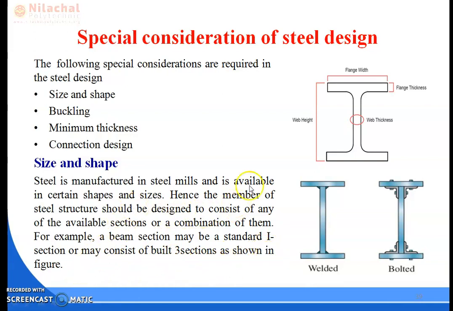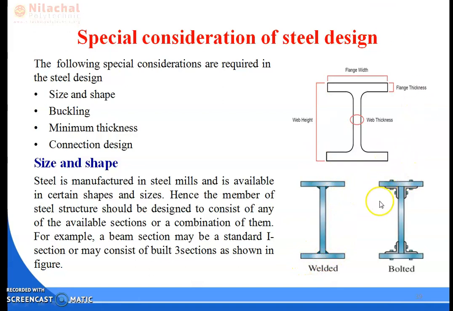As I told before, here is a whole I section. Now just see this I section. This is not a proper I section. This is not a single section. It is a combination of 3 individual sections, connected by a welded joint so that it forms an I section.